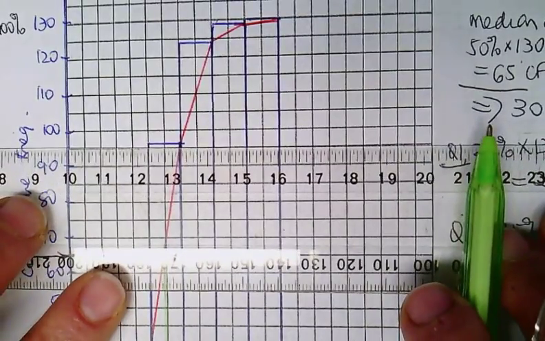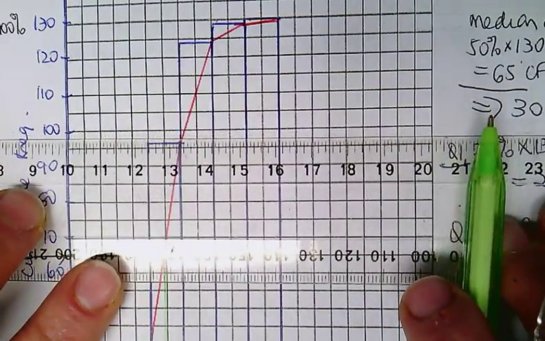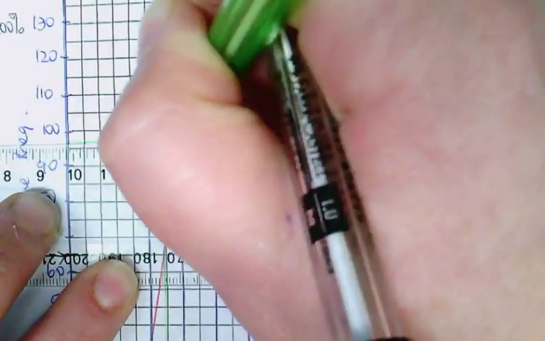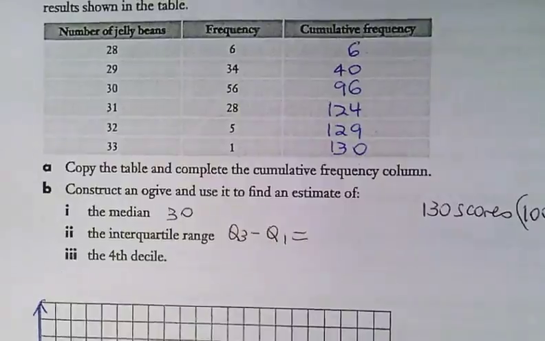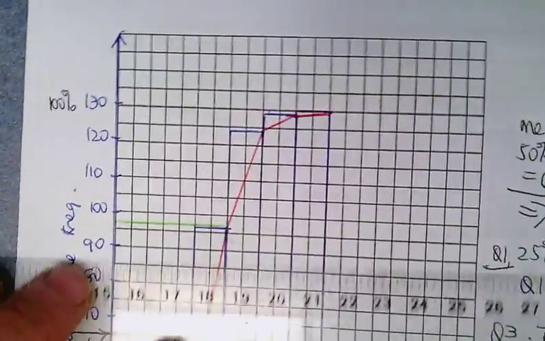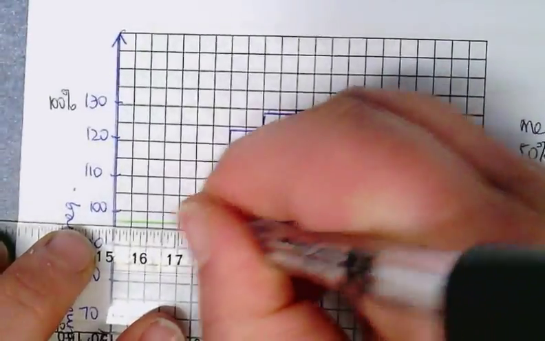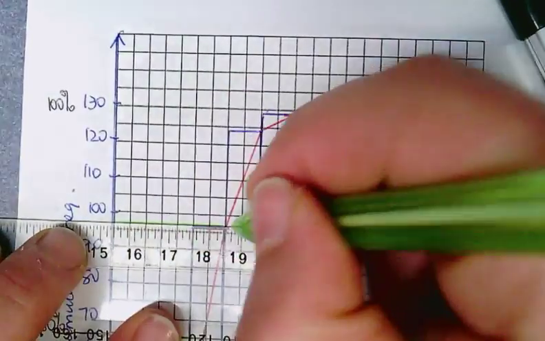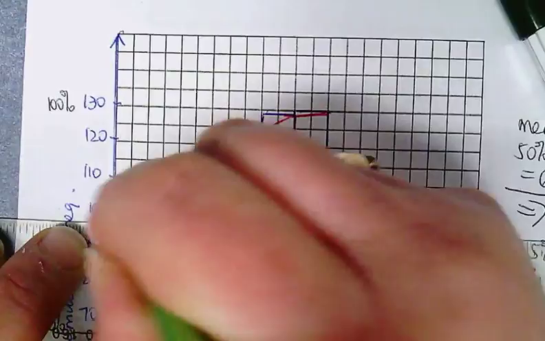So that's 90, 95, 100. 97.5 would be halfway between 95 and 100. Actually, let's look at our graph. Just be careful here, the height of this one's supposed to be 96, so I think I've drawn it a little bit high. If I'm coming across at 97.5, it'll be a bit higher than that.